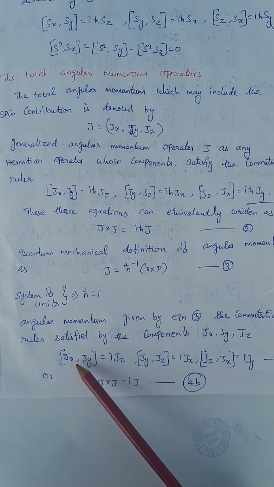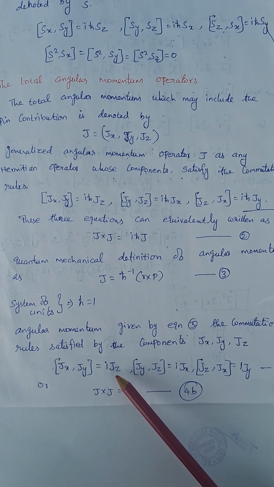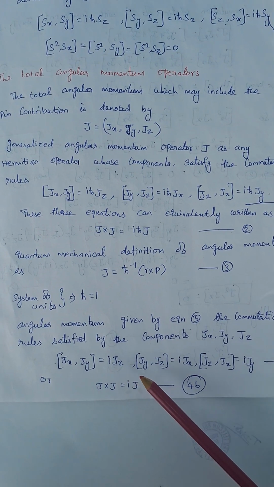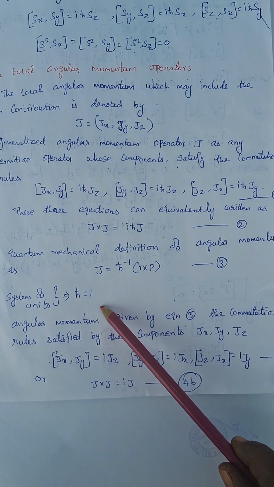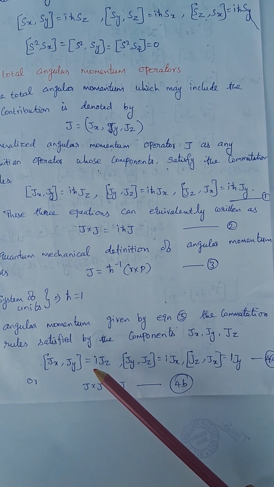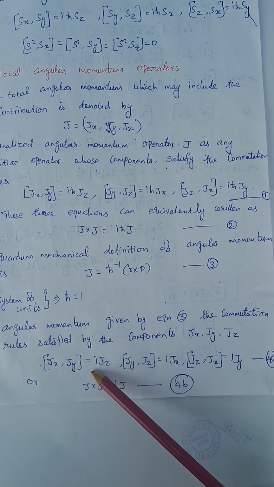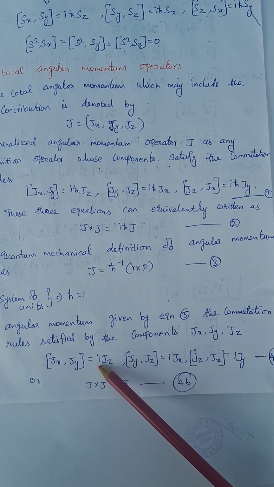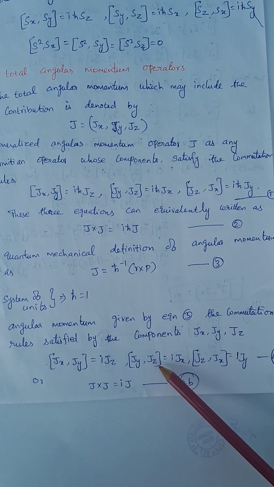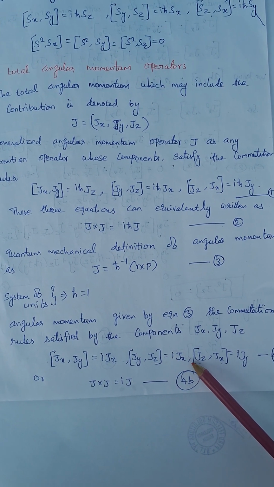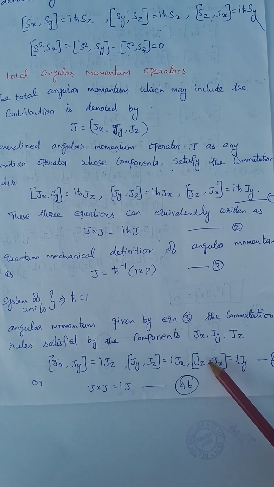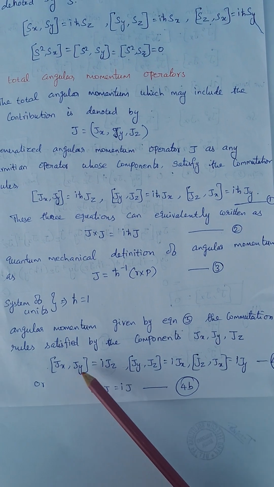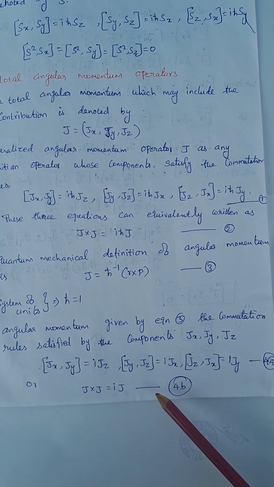So [Jx, Jy] equals i Jz, and the ħ and its inverse cancel since ħ equals 1. Then [Jy, Jz] equals i Jx, [Jz, Jx] equals i Jy. So simply J cross J equivalent to i J.